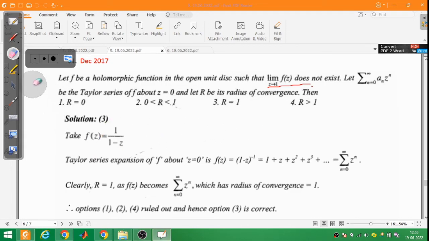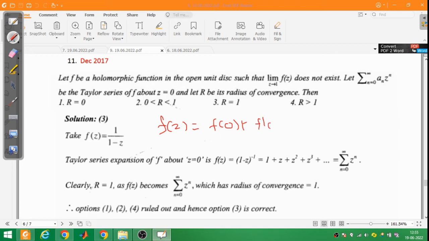So from this we have defined one function f. Then we find the Taylor series of f at z equal to 0. Anybody remember what is the Taylor series? f of z equals f of 0 plus f dash of 0 into z by 1 factorial plus f double dash of 0 into z square by 2 factorial.